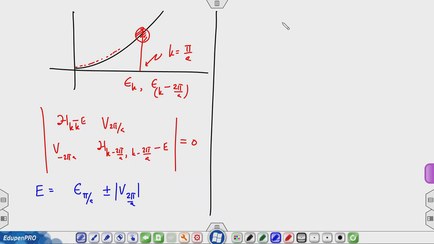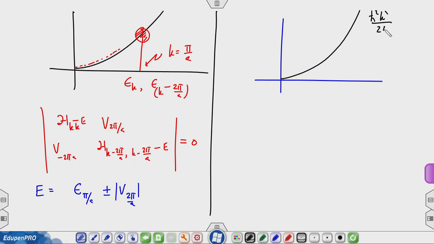So, what is happening is that this energy, which was continuous with respect to k, at k equals pi by a, suddenly gets two different values. One value is here and one value is here. So, this thing splits. There are no energies in between.